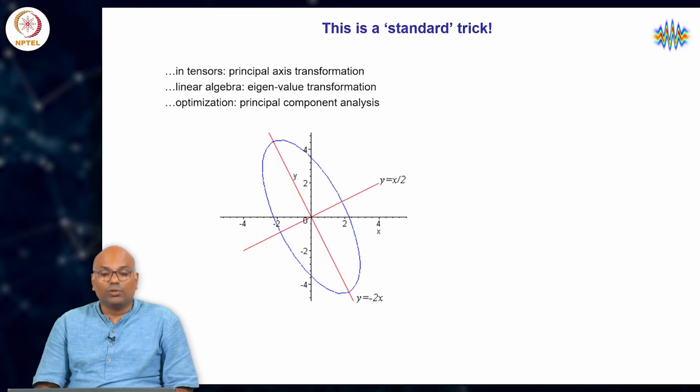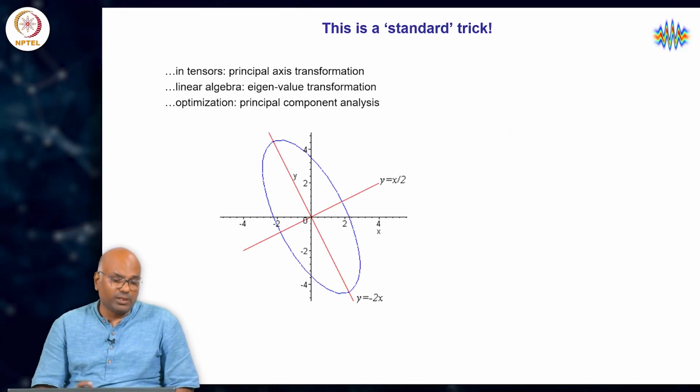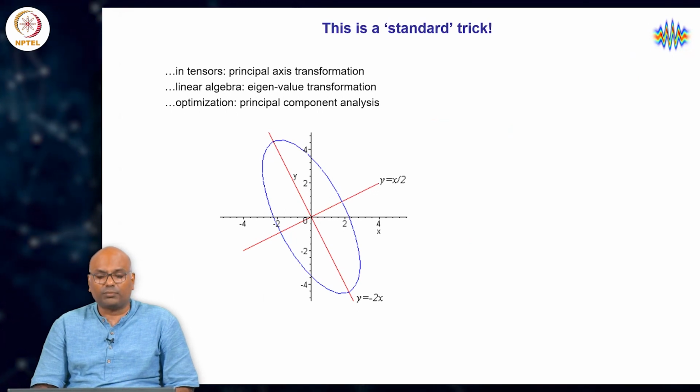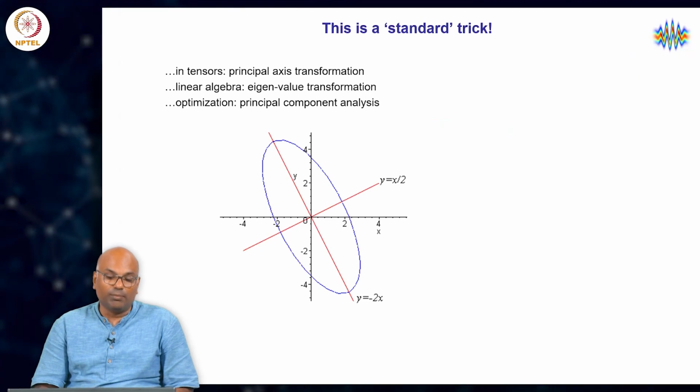So, the standard trick is to do a principal axis transformation and figure out that this is a 3 by 3 matrix. In the 2 cross 2 world, I am just showing an example here.